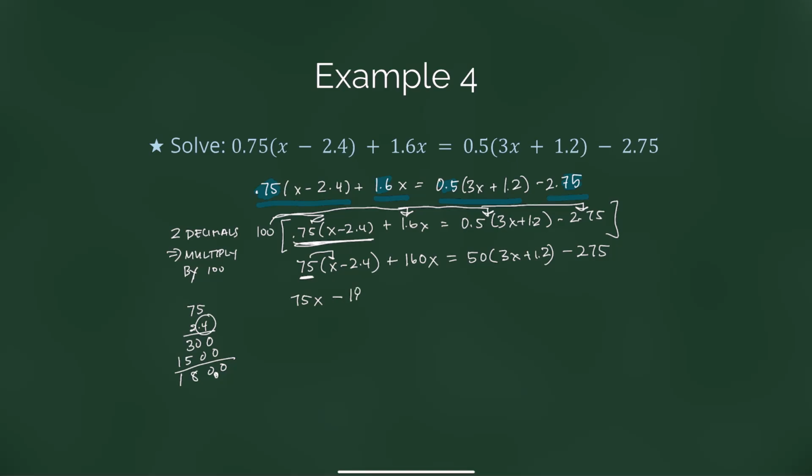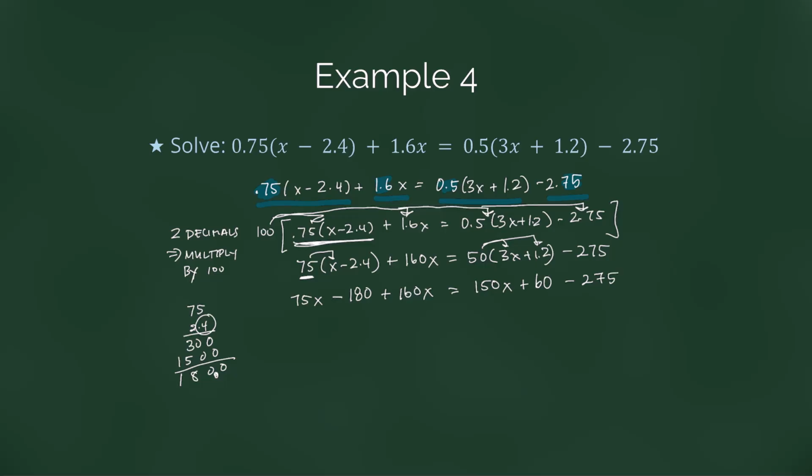So I get minus 180 plus 160x. On the right, I'm distributing the 50 now, so that's going to go to these two here, and I'm going to get 150x. And then I have to do 50 times 1.2. Well, that one I do know, that's actually 60. You can check that on your own. And then I'm going to do minus 275.